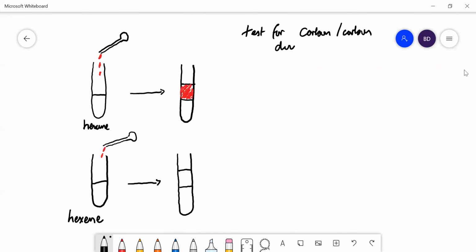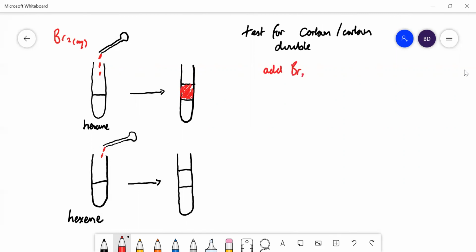So what you do is you add a few drops of bromine water. So bromine water is a reddy brown colored aqueous solution.